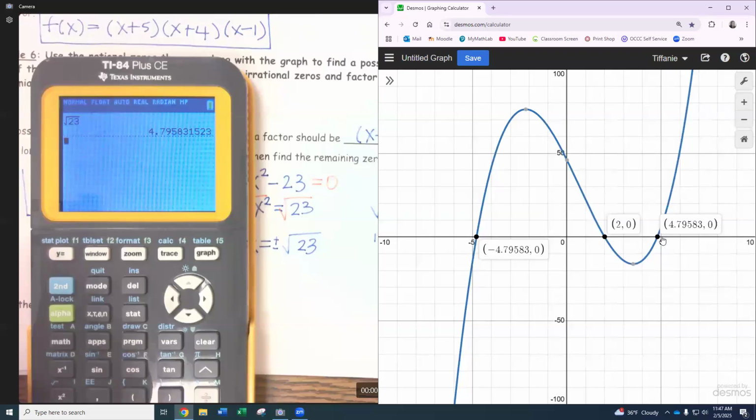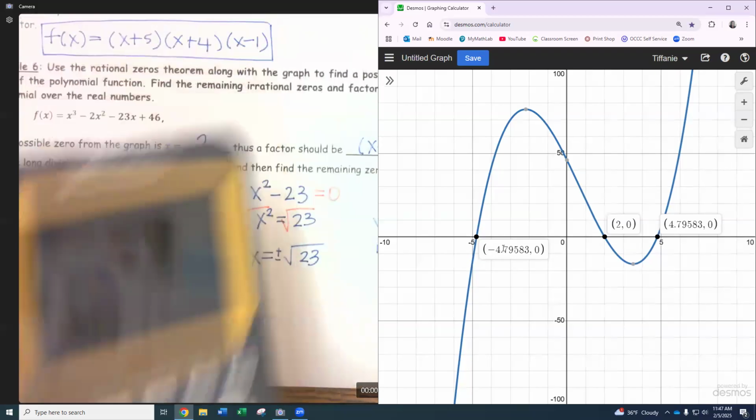So that is on my graph, but it's just not going to give that to me in radical form, right? It's going to give it to me as a decimal. And then you have negative square root 23, which gives you that as well.